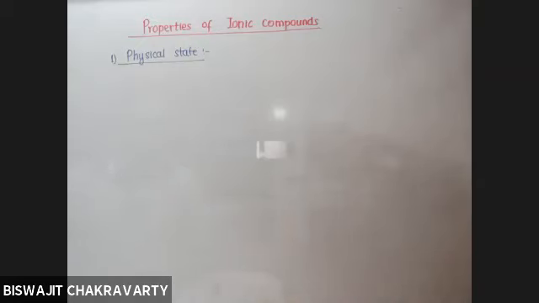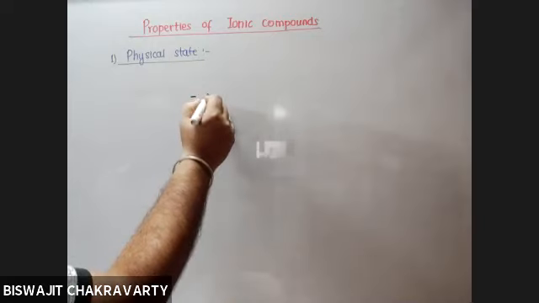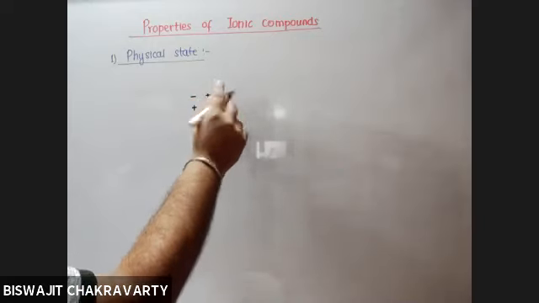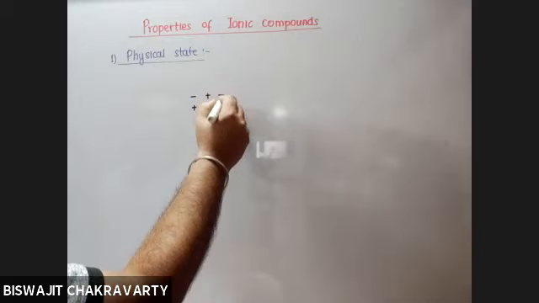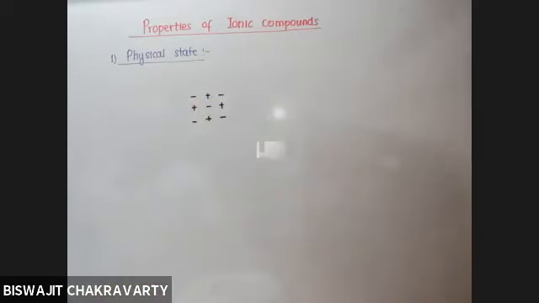Now, when I use the term disciplined, what does that mean? It means that they have a regular arrangement of oppositely charged ions, which looks symmetrical. When you are very disciplined in your life, you take your food every day at the same time, you go to sleep at the same time, you get up at the same time, you will see that your body will be stable.